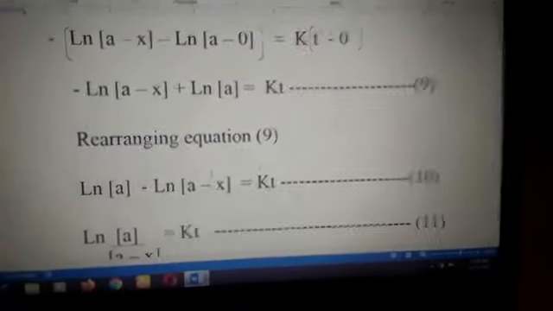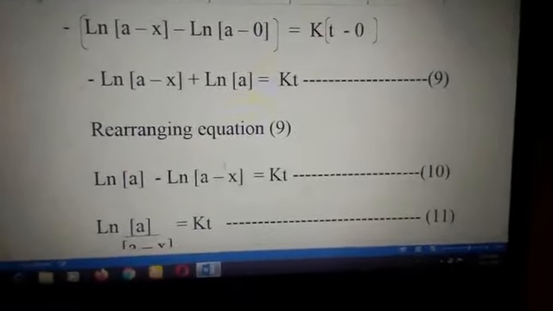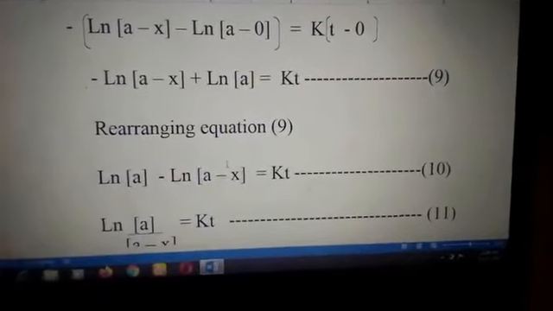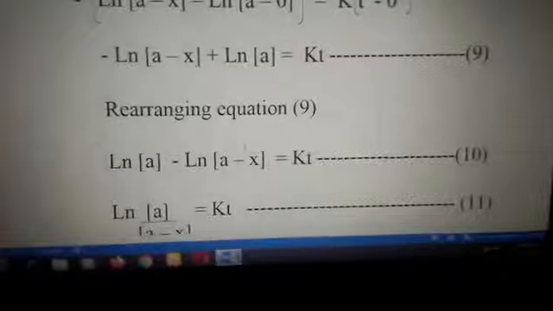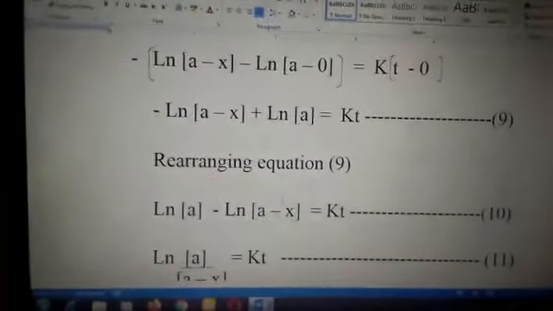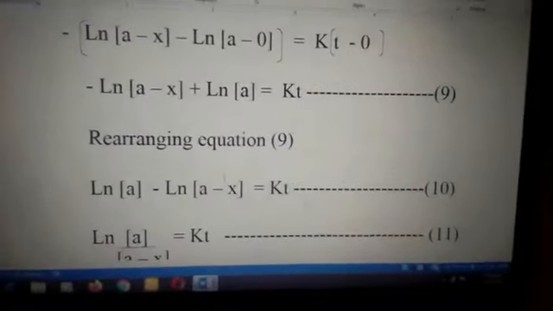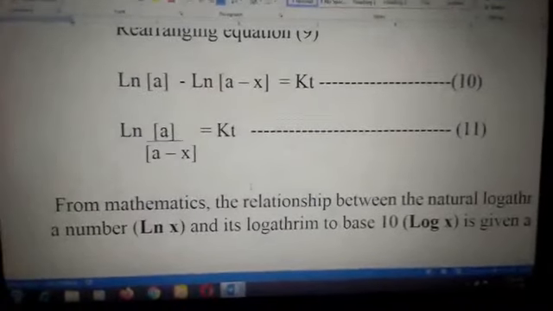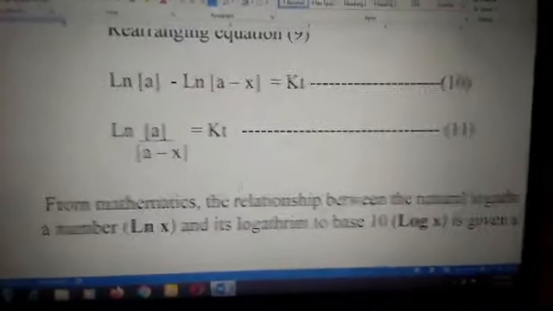Now we rearrange equation 9. How do I arrange equation 9 to get equation 10? I place the a in front. Look at it. Ln a was placed in front, and then minus ln a minus s was pushed behind ln a, equal to kt. Then applying the law of logarithm, we want to bring two logs of the same base together.